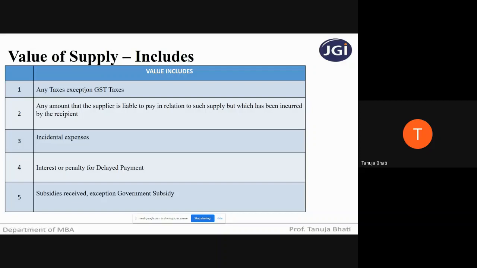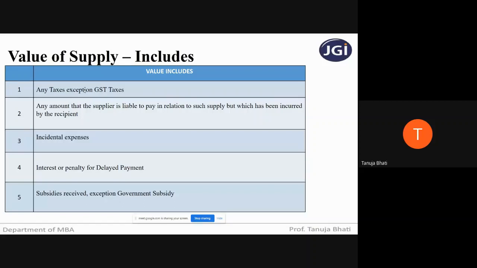Suppose there is a supplier in Karnataka, and he has to supply goods to a recipient in Mahabaleshwar. Suppose the example I'm taking is 50,000 rupees as the transaction value.